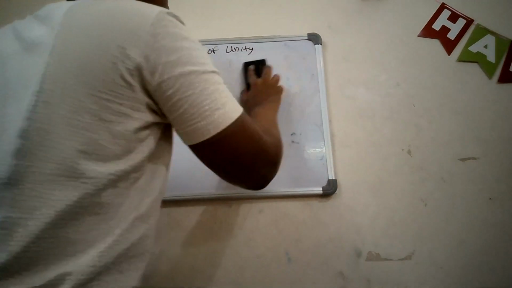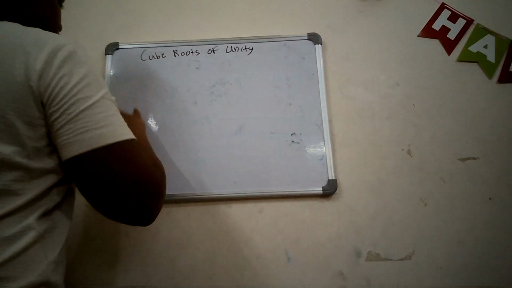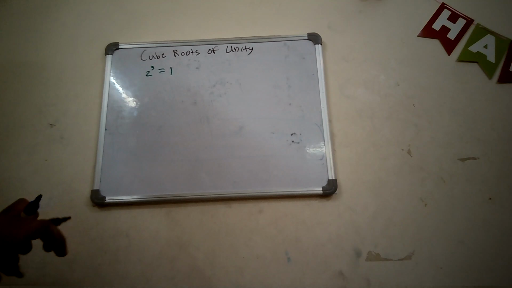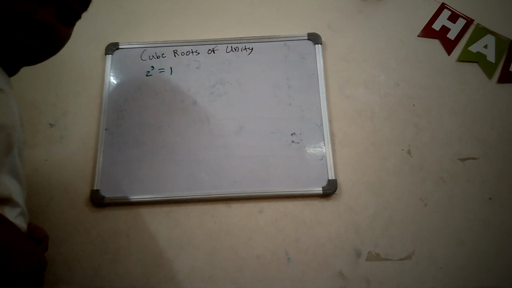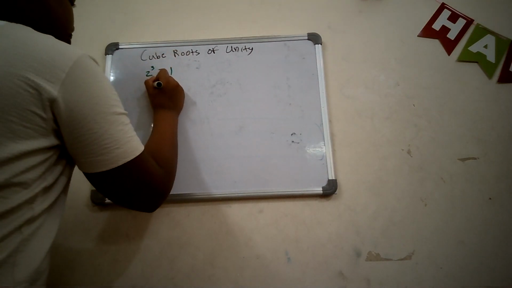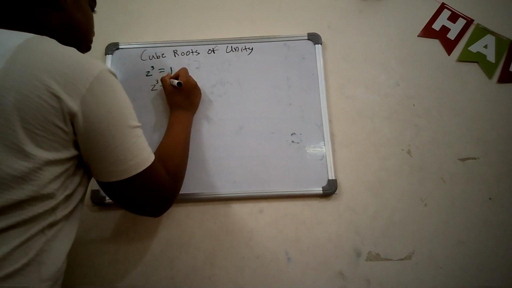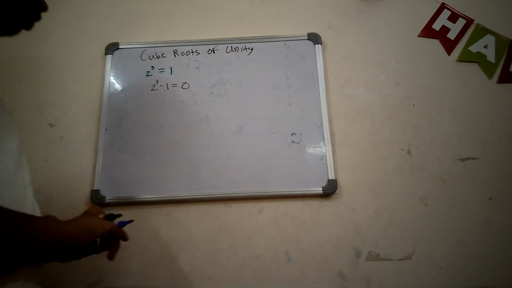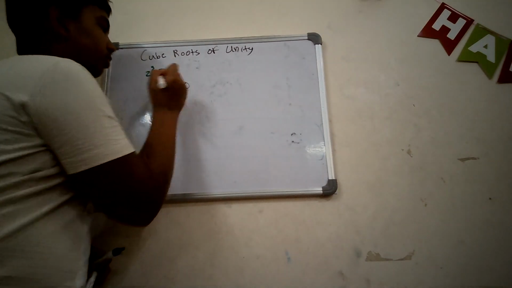Let's solve here: z cubed is equal to 1. I'm going to shift this to the other side, so z cubed minus 1 is equal to 0. And did you notice that we can also write 1 as 1 cubed?